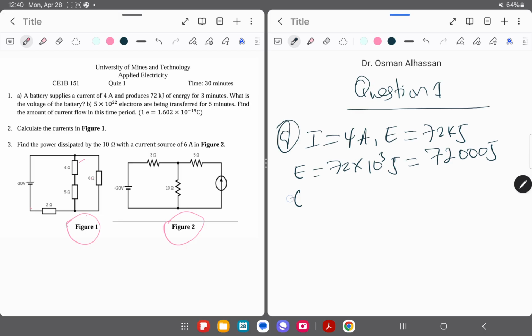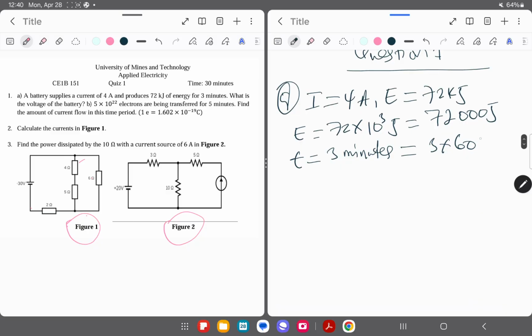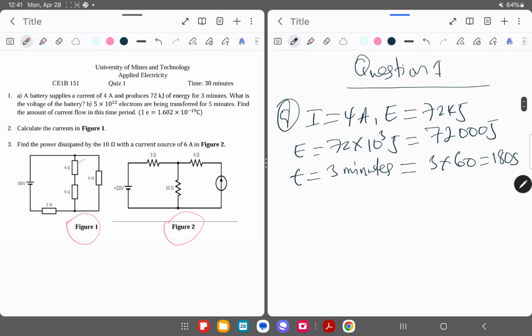And the time t here is going to be equal to 3 minutes, so we change this into seconds. So 3 times 60 seconds. So I'm going to get 180 seconds.